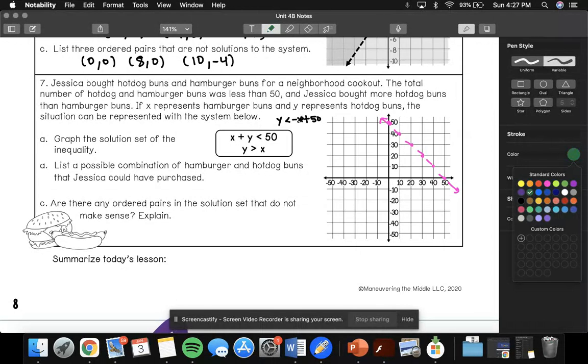Okay. Then our other one, y is greater than x. So we're going to start with nothing. And we need to go up 1, right 1, or up 10, right 10. That's equivalent to 1. Again, I'm going to use a dashed line.